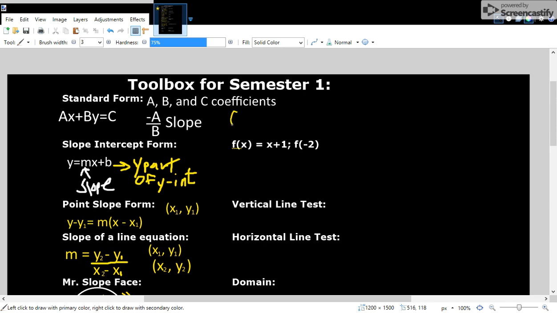So we basically have f of negative 2 equals blank plus 1. What goes with this blank? We substitute negative 2 in there. Negative 2 plus 1 is what you would put in the calculator. If you put that in, you should get a negative 1. So that is what the evaluated function equals.